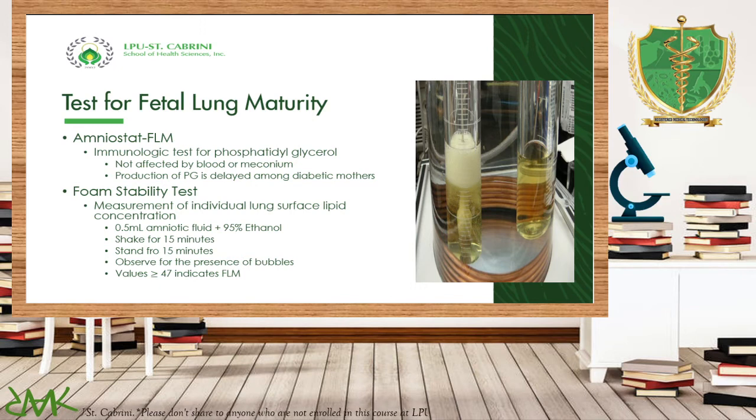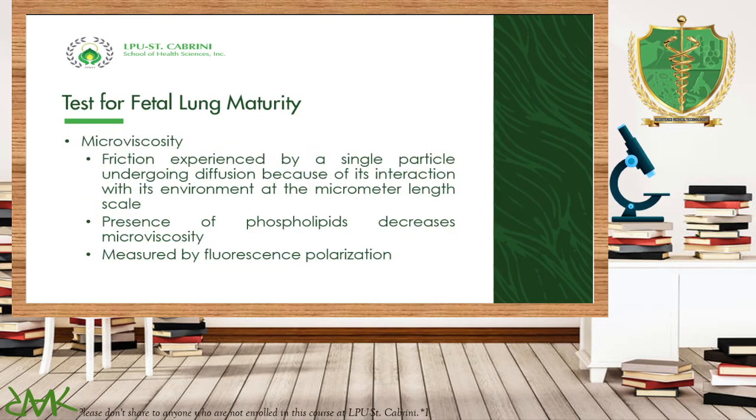So as you can see in this illustration, we have a bubble formation, and we are going to measure that. If the measurement is greater than or equal to 47, it indicates fetal lung maturity. Okay.